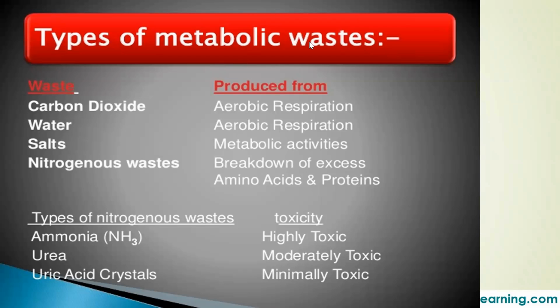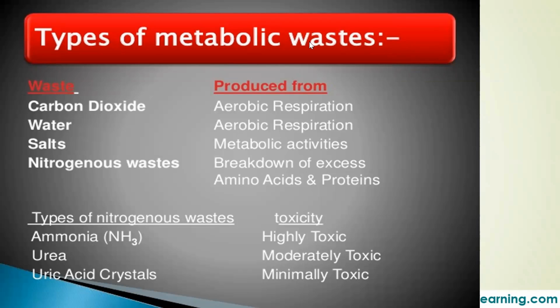Next we have nitrogenous waste. How will nitrogenous waste be formed? Nitrogenous waste will be formed by the breaking down of excess amino acids and proteins. When you see the formula of an amino acid, NH2COOH, N is the nitrogen.